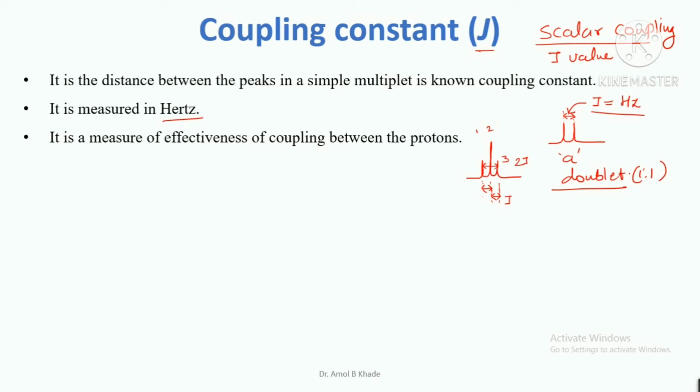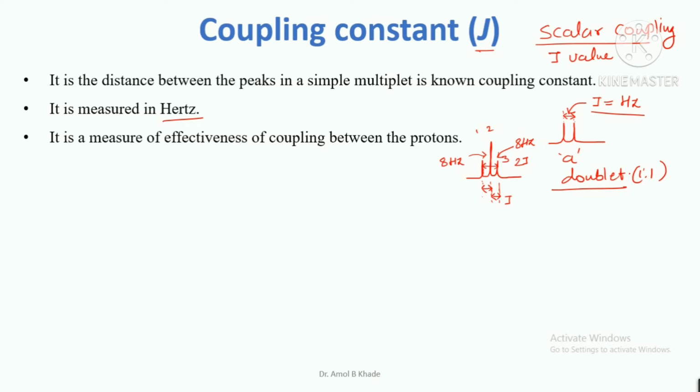The distance between 1 and 2 and between 2 and 3 remains constant. Let's say the distance between the first and second line is 8 Hertz, then between the second and third line the distance will also be 8 Hertz. So this is the coupling constant, the distance between the adjacent lines in a particular multiplet, referred to as the coupling constant or the scalar coupling.